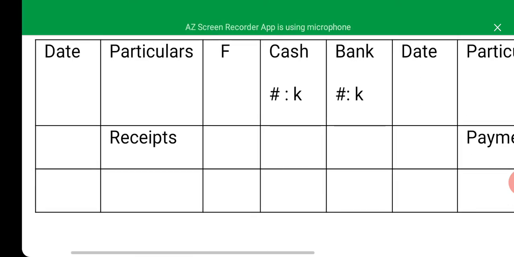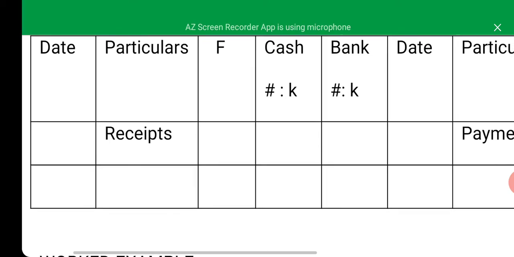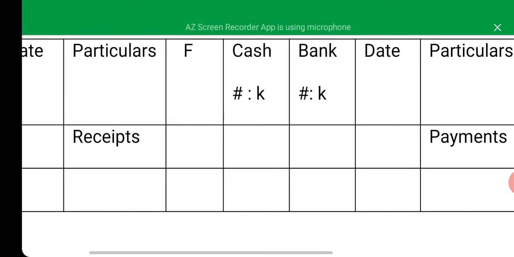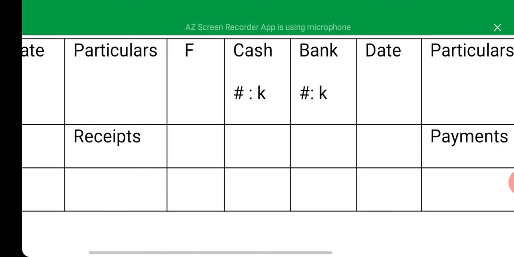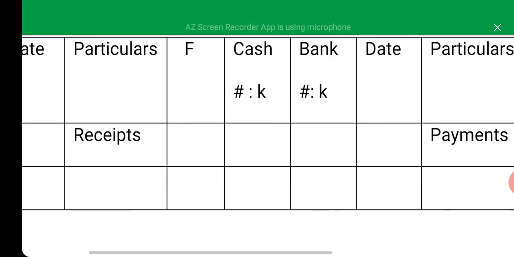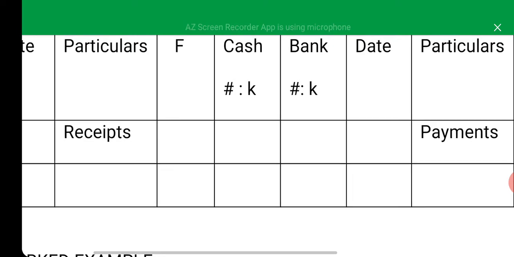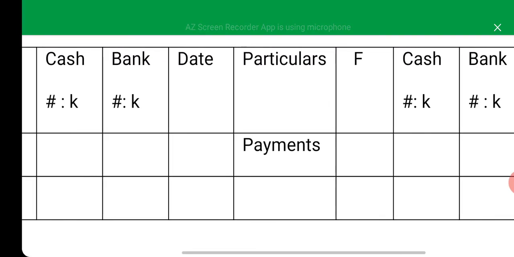The date column records the date the transaction took place. Particulars describes the transaction. Folio records the page number. The cash column records the amount received, and the bank column records any check received.